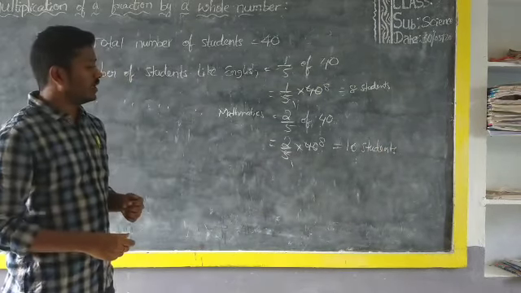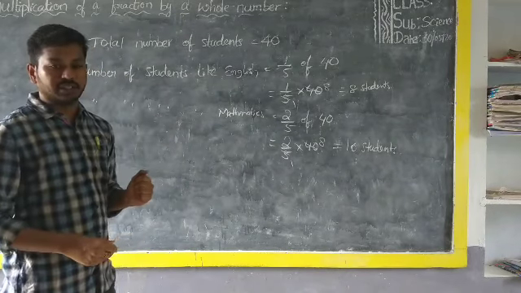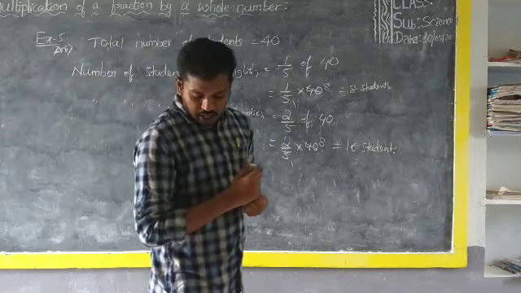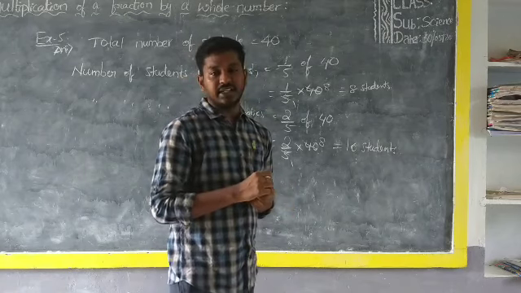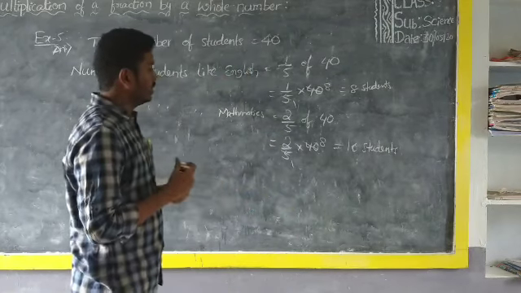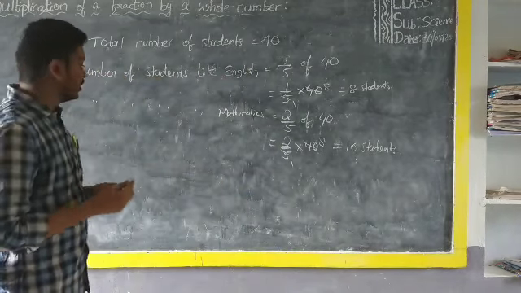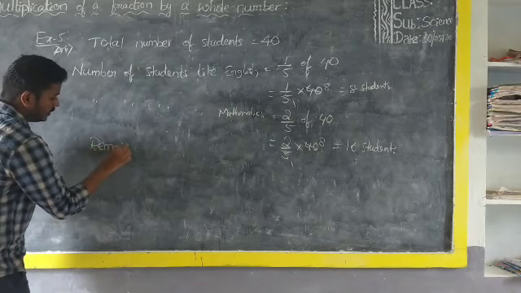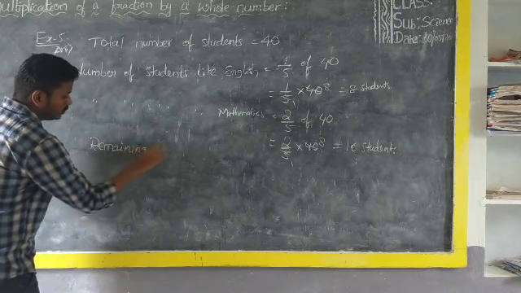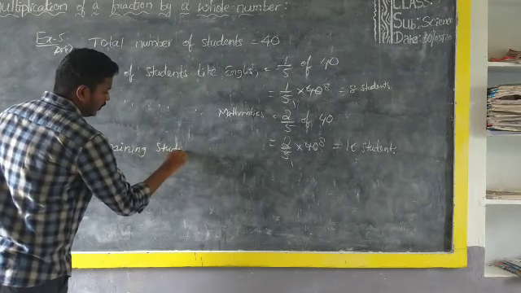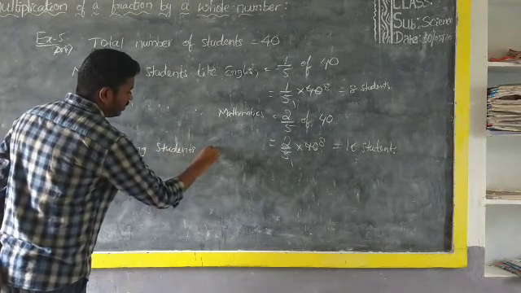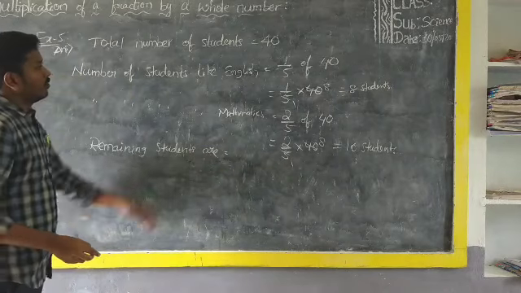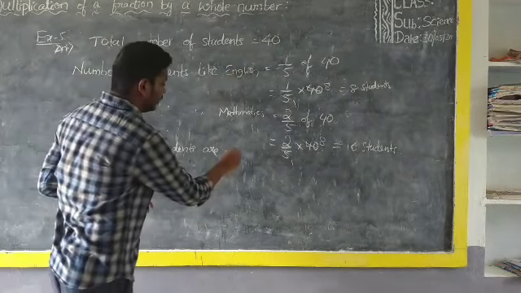16 students like to study mathematics, and the remaining students like to study science. So how many students are remaining? Total number of students is 40.